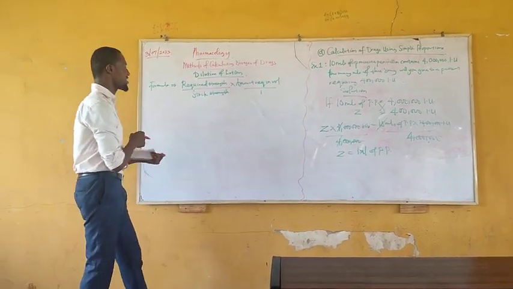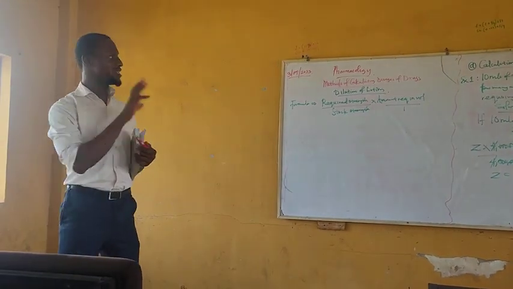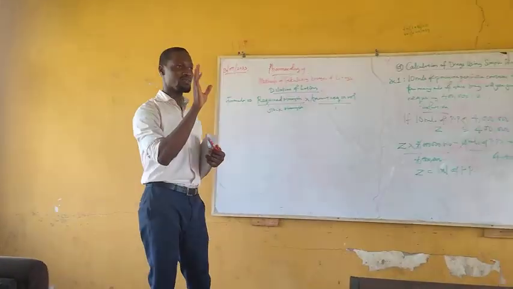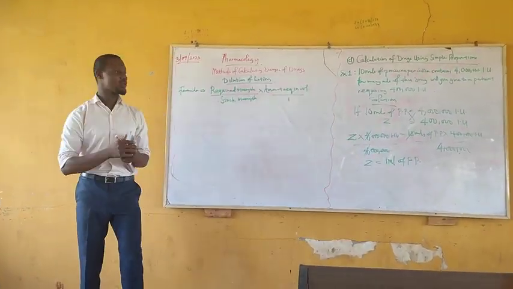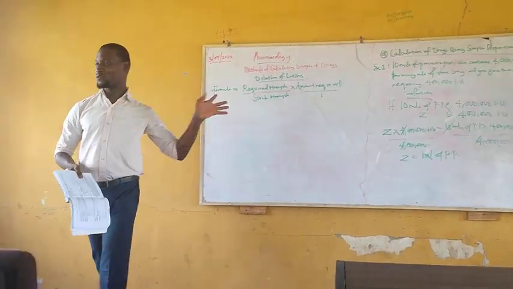I said the other day that for the other formulas we did, some were looking for pediatric dosage. With this formula, we must understand what we are actually looking for.